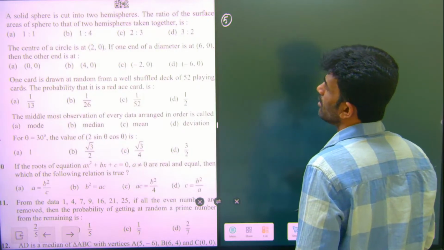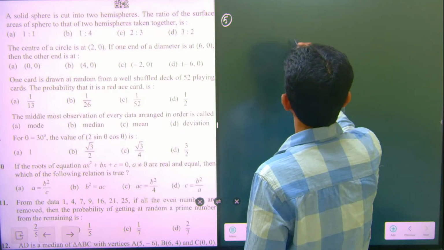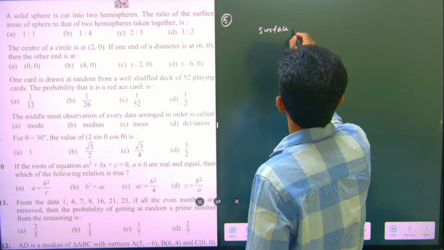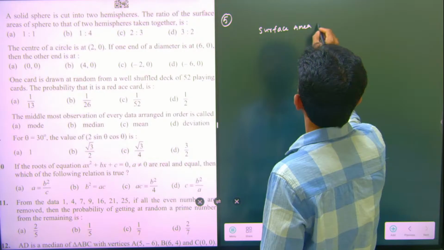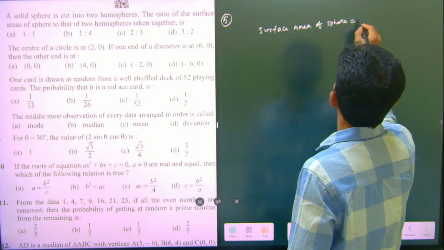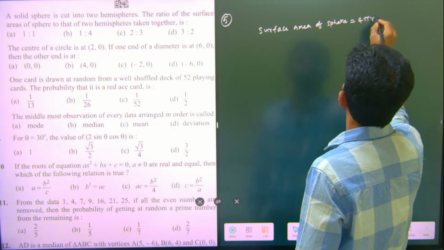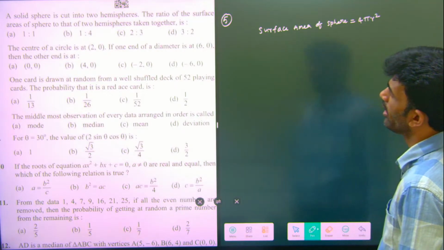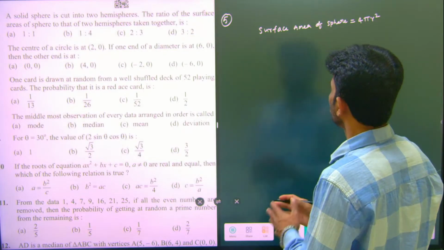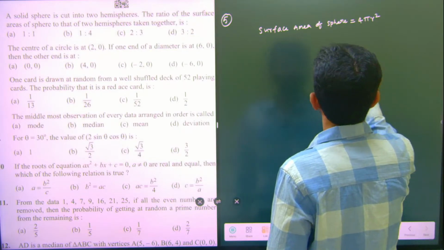What is the surface area of sphere? Surface area of sphere is 4 pi r square. Okay, now what happened later? The sphere is cut into two hemispheres.